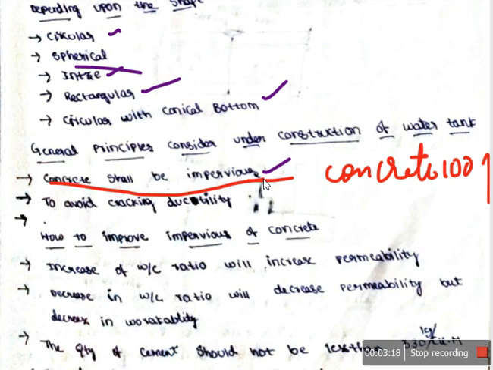And the second principle is ductility. To avoid cracking, ductility is taken as a principle. But what is ductility and why is it taken as a principle? Ductility is the property of a material which undergoes deformation even without an increase in the stress.